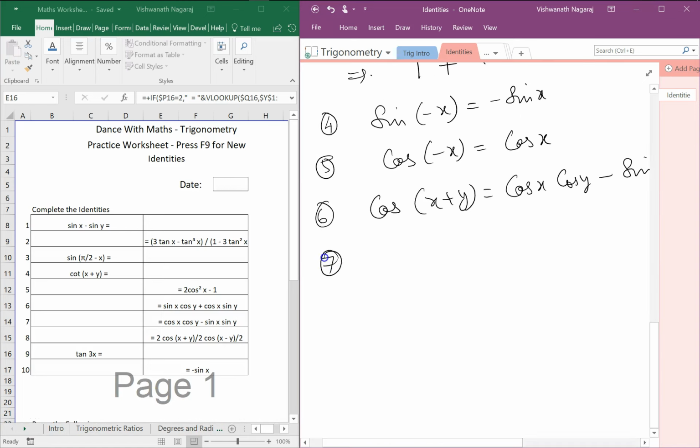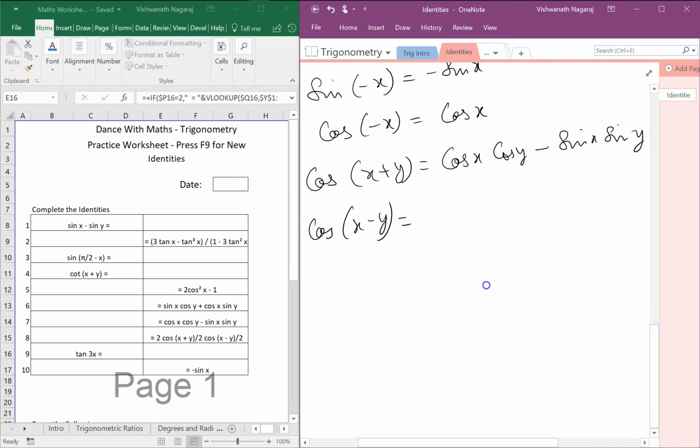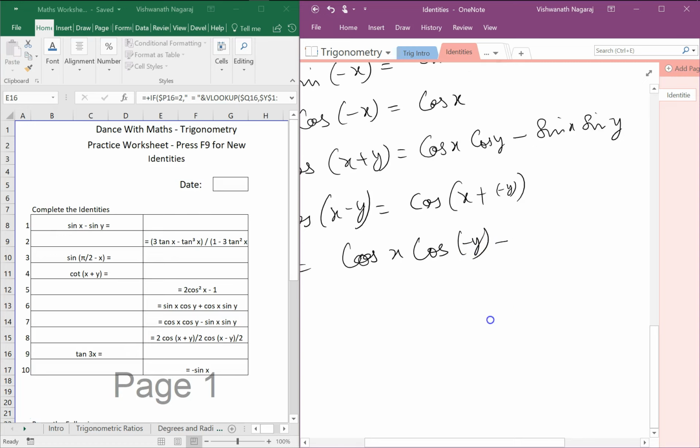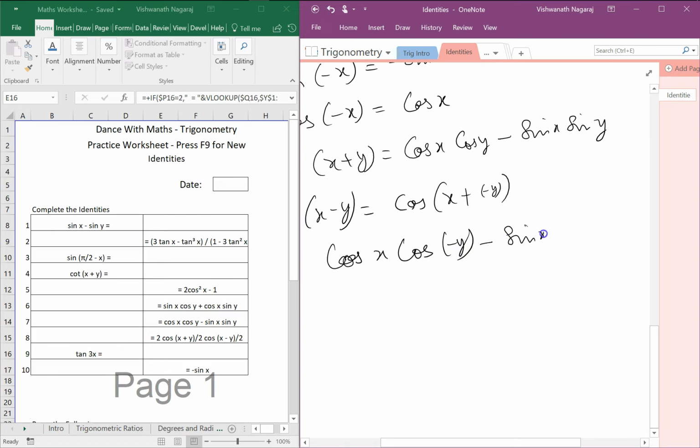Okay, now cos (x minus y) is equal to what? Now remember, this can be written as cos (x plus minus y). So using the previous identity, we can write cos x cos minus y minus sin x sin minus y.